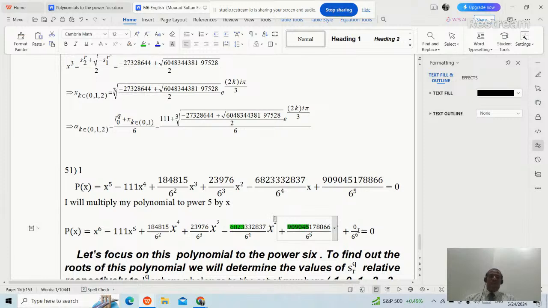And the last term, the constant, is 0. I will write it as 0 divided by 6 to the power 6 equals 0.